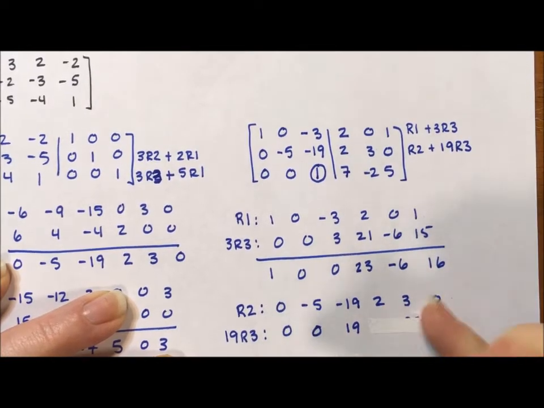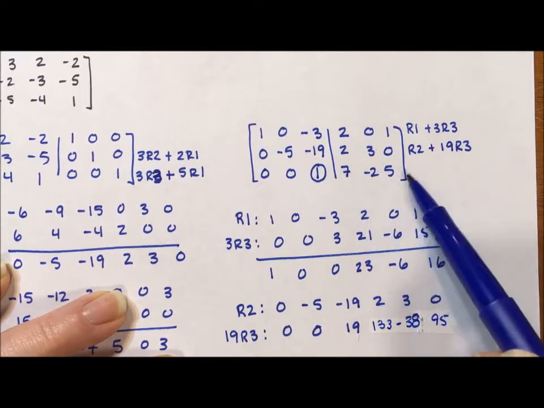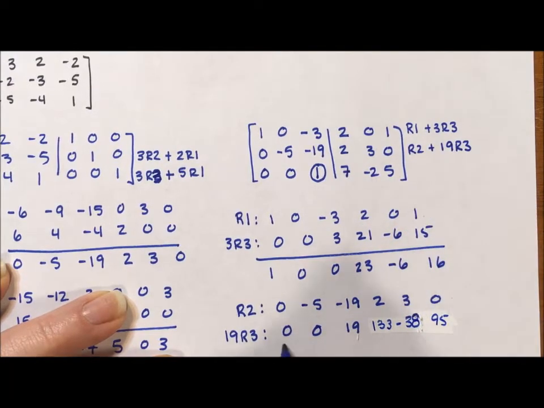That's why you should do things in pencil and not pen. Okay, that's 133. Mental math. This is a negative 38, and this is a 95. So 0, negative 5, 0, 135, negative 35, 95.